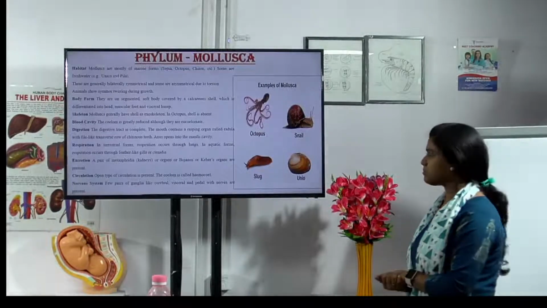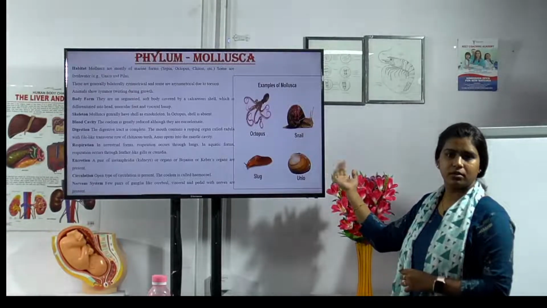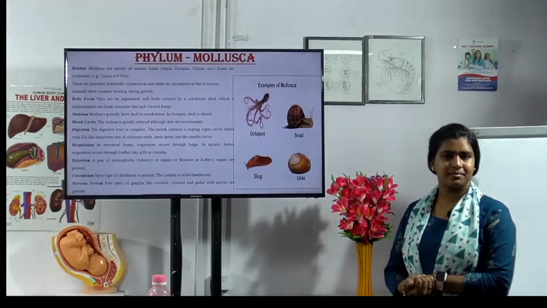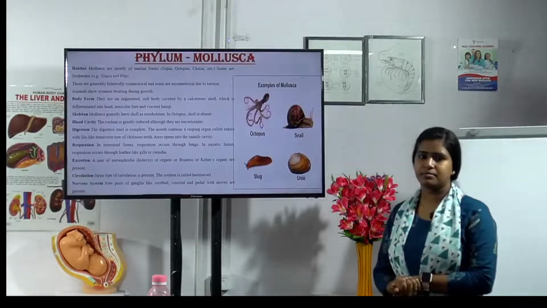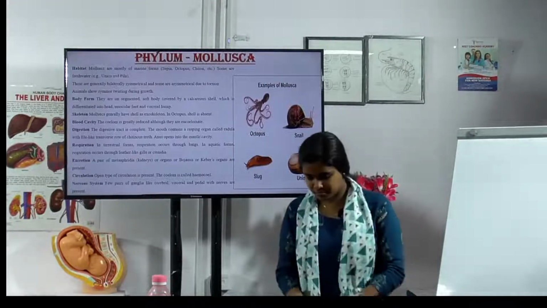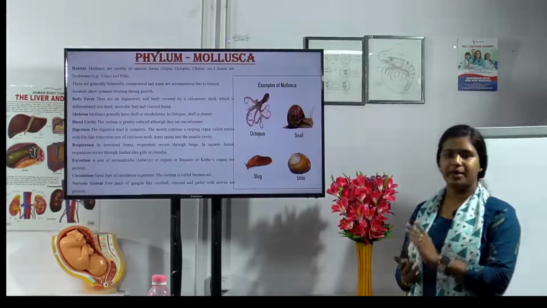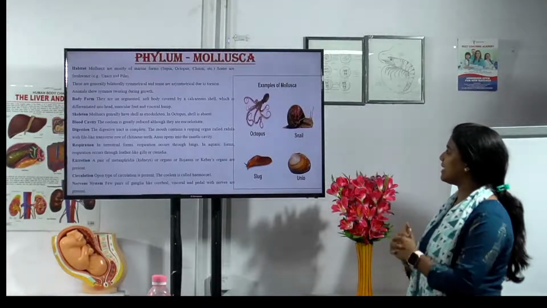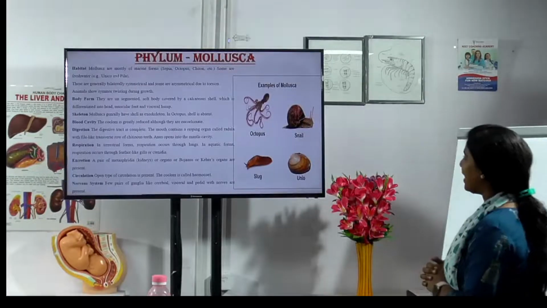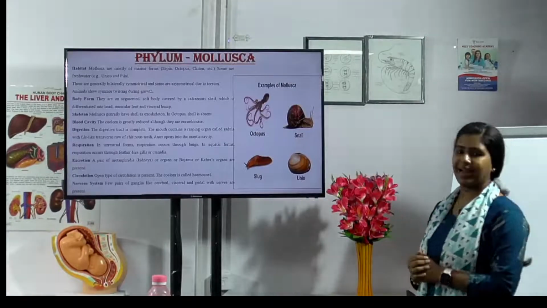Body cavity is reduced, the coelom. Okay, the digestive tract is very complete in these organisms, and the mouth contains a rasping organ called radula, which has transverse rows of chitinous teeth, and the anus opens into the mantle cavity.